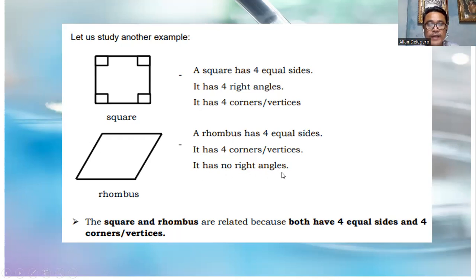It has no right angles. So the square and rhombus are related because both have 4 equal sides and 4 corners or vertices.